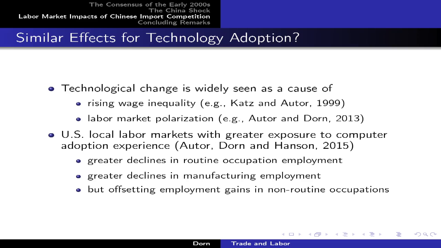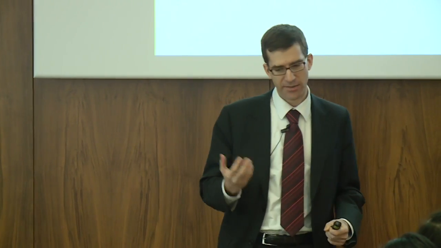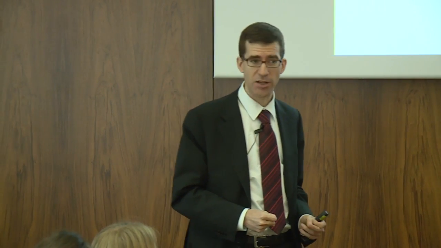Another question that is quite relevant is how these impacts of trade could differ or be similar to the impacts that we see from automation. As I said before, there was a time when economists were very convinced that technology is changing labor markets much more strongly than is international trade.